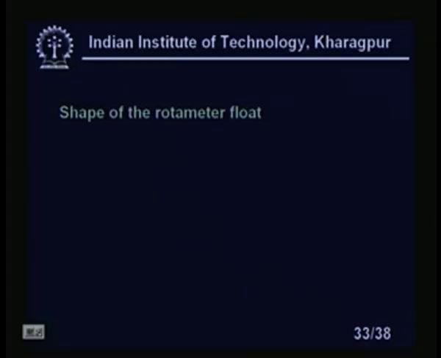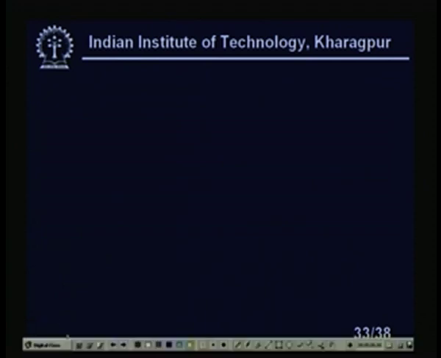Now, the shape of the rotameter. We have seen that it is tapered, and the float moves inside a casing, with a graduated scale alongside. The scale is in liters per minute or liters per second, whichever way you like.